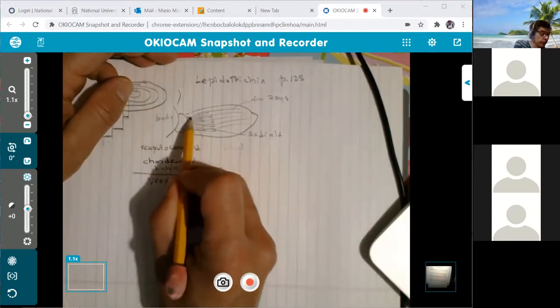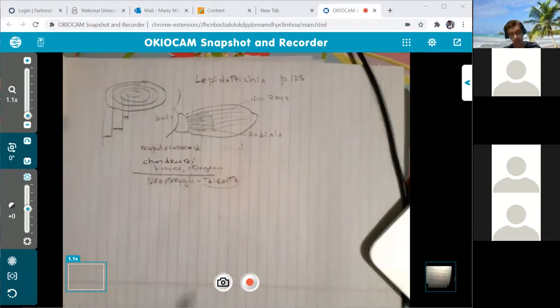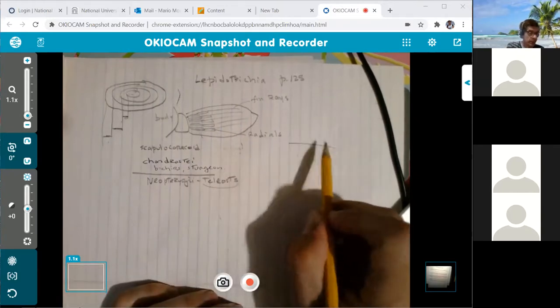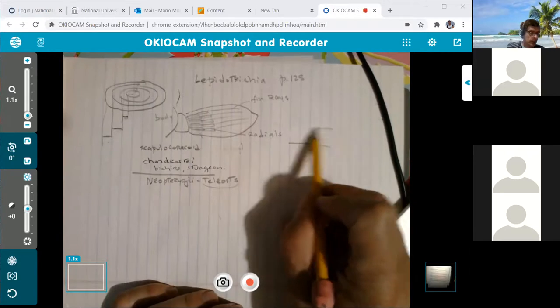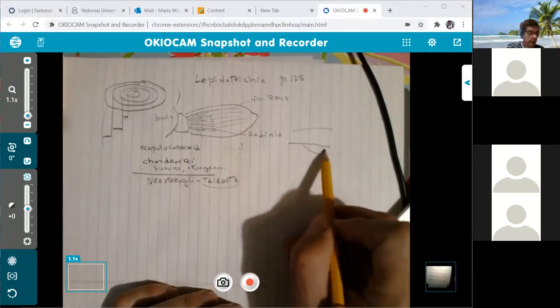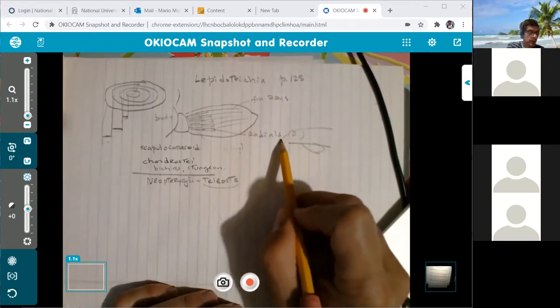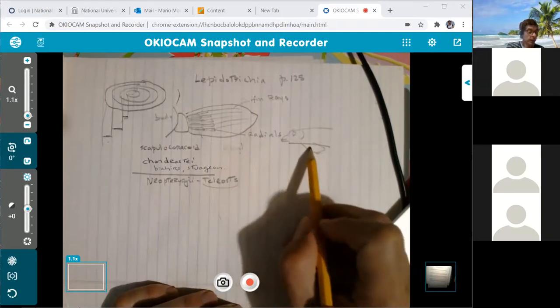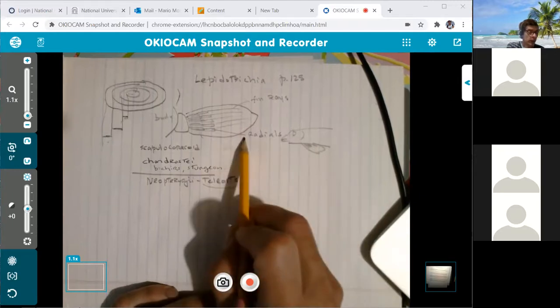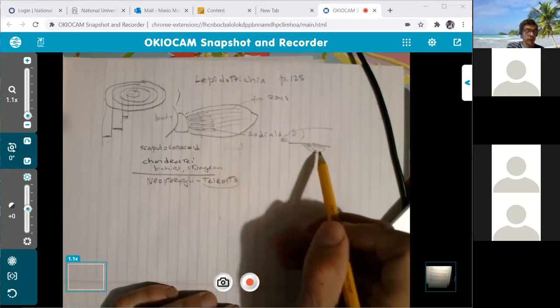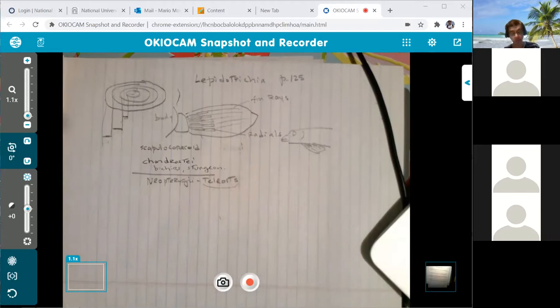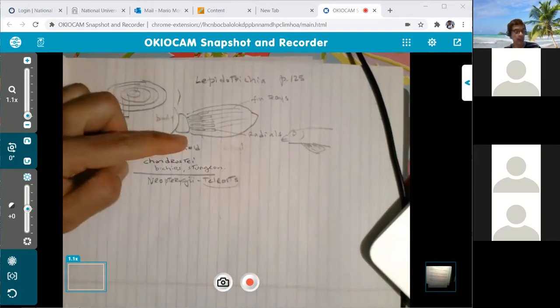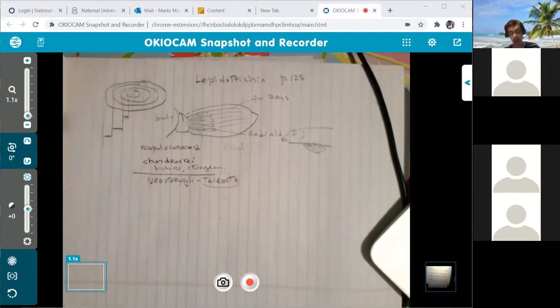So if you buy bass or something to eat, imagine that's the fish, and then you have the fins here. That's the eye, mouth. If you were feeling this, you would feel the tougher ones, which would be the radials, and then the little fin ones that are really soft. So that's the next step in the evolution of these.